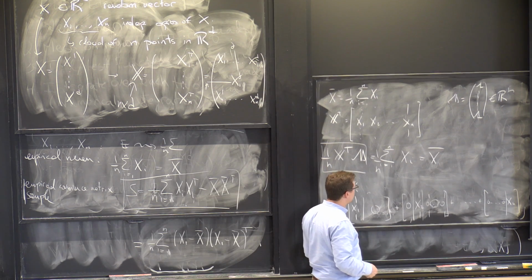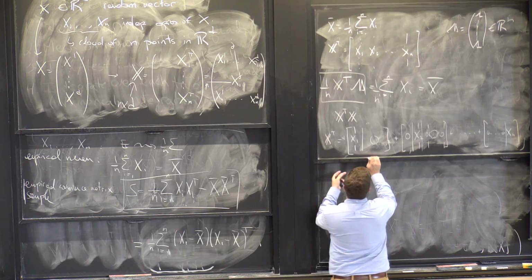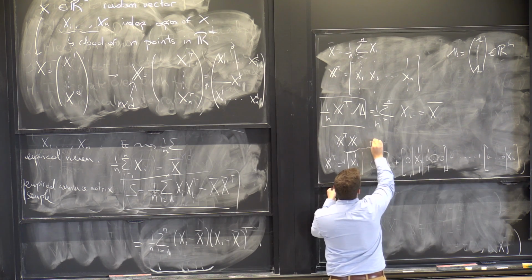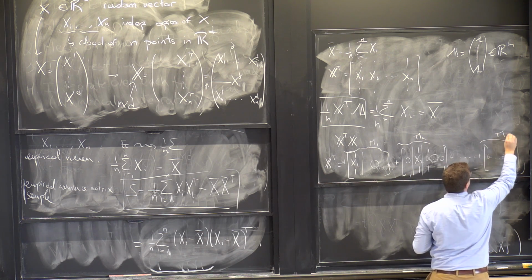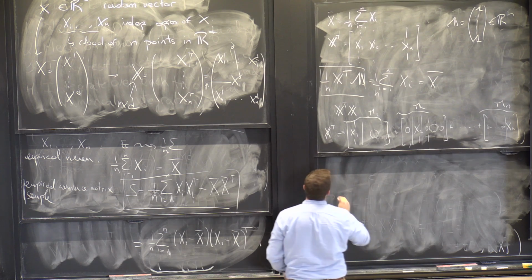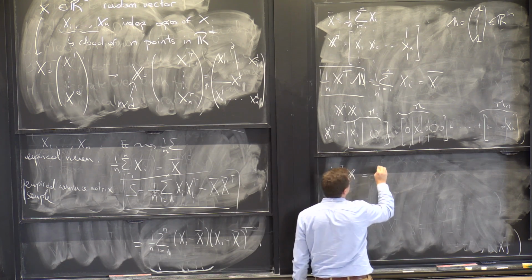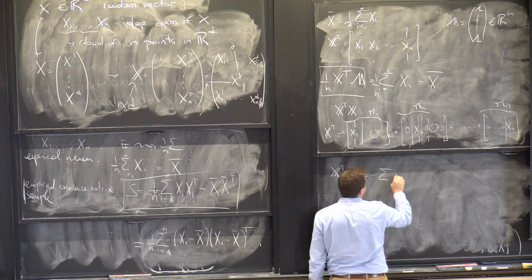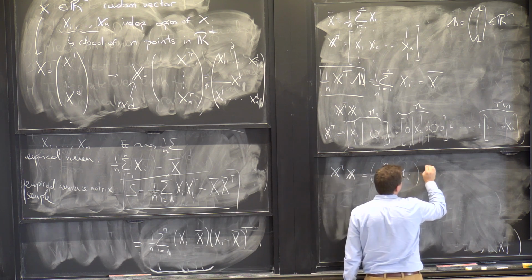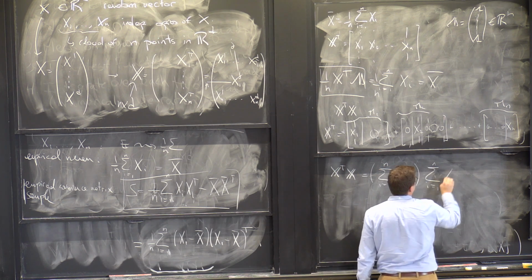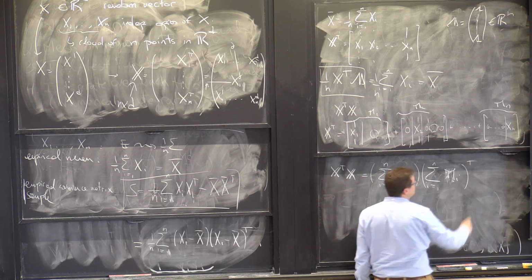Now let's look at the product of this guy with itself. Let's call these matrices M1, M2, ..., Mn. So when I do x transpose x, what I do is the sum of the Mi's for i equal 1 to n times the sum of the Mi transpose, right?